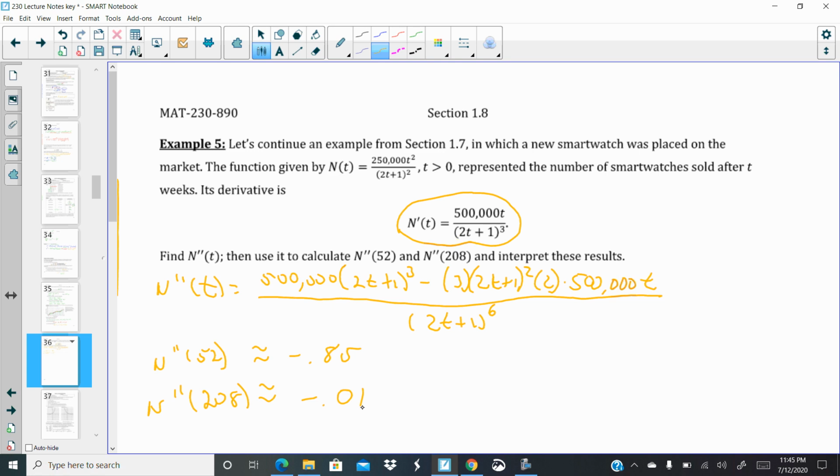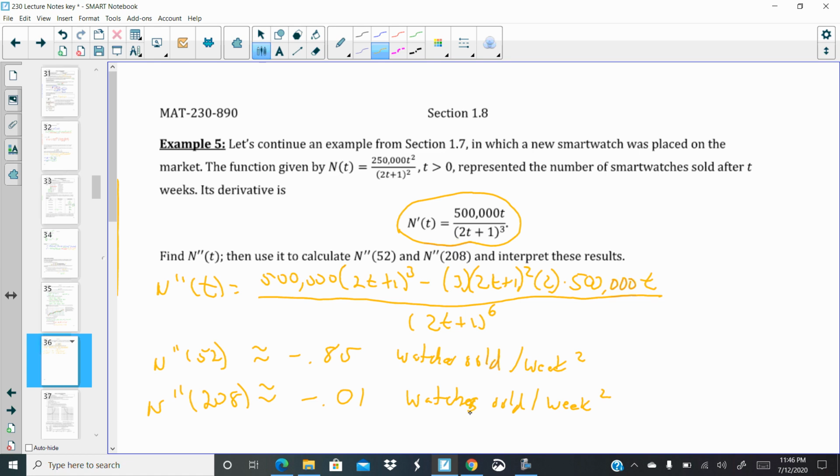So the units are watches sold per week, or per week squared. So again, watches sold per week squared.